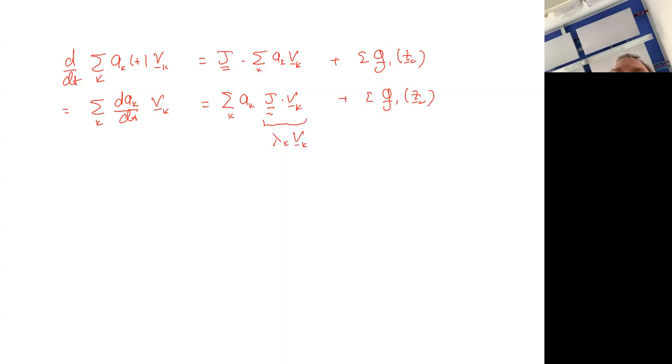So our equation becomes the sum on k of dak/dt times vk equals the sum on k of ak lambda k vk plus epsilon G1 of z naught. What it looks like is we have dak/dt, and these vks are the same, so we suspect dak/dt equals ak lambda k.